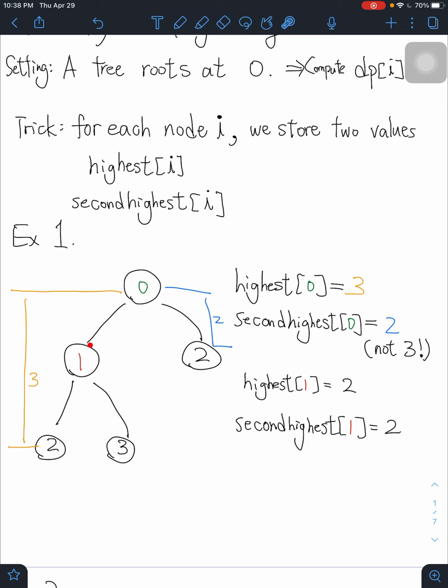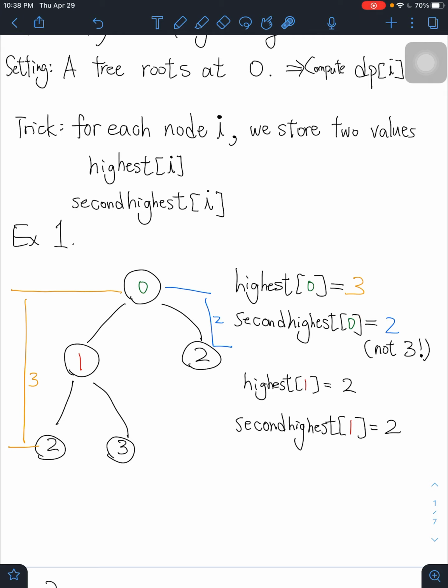We can walk to our left child, or we can walk to our right child. The left-hand side can give us the highest, so we will store 3 in highest[0], while second_highest[0] will be 2.